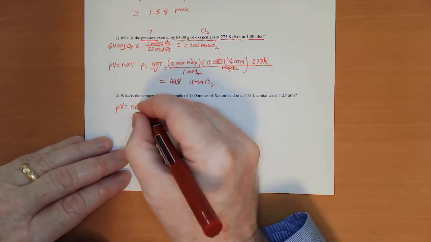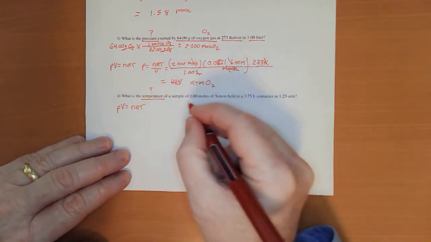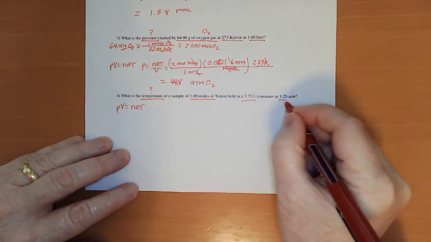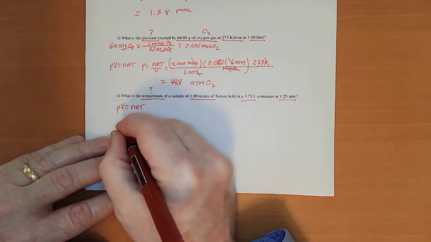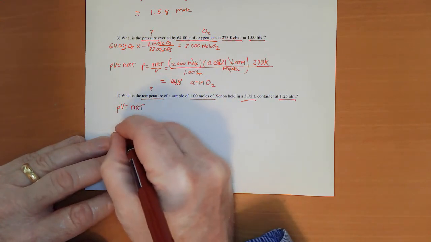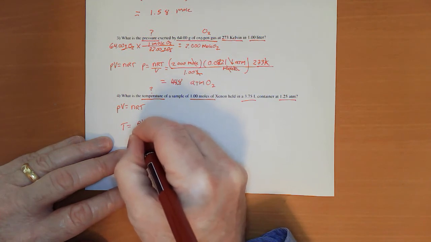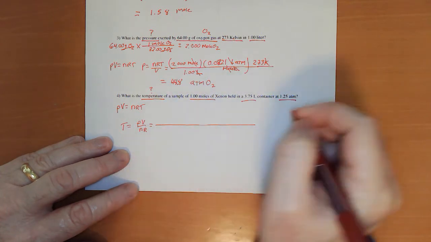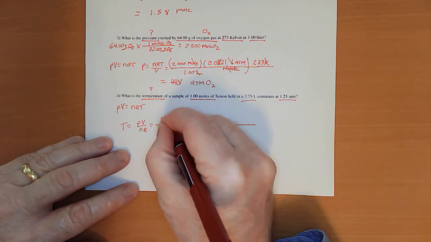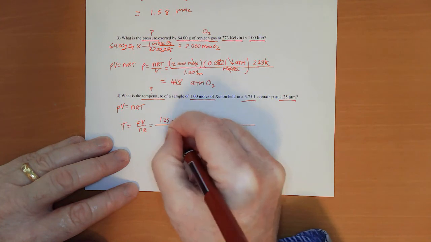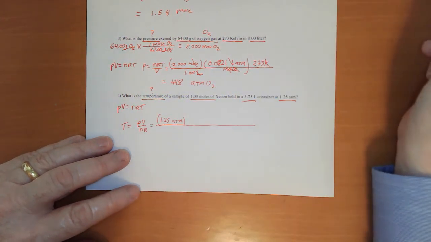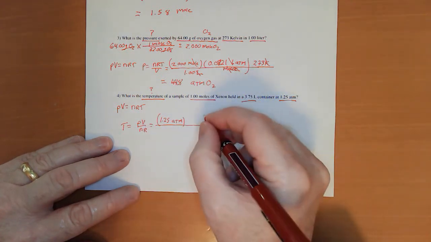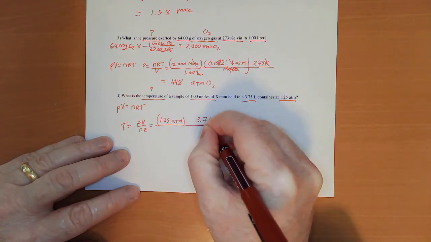So what is the temperature? We're looking for temperature. I got 1.00 moles of neon. I've got 3.75 liters. I've got 1.25 atmospheres. So if PV equals nRT, T equals PV over nR. The pressure in this case is 1.25 atmospheres. That's about the equivalent of swimming to the bottom of your typical swimming pool. Volume, 3.75 liters.